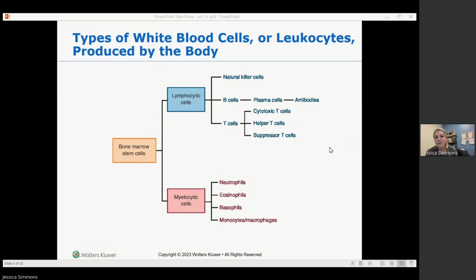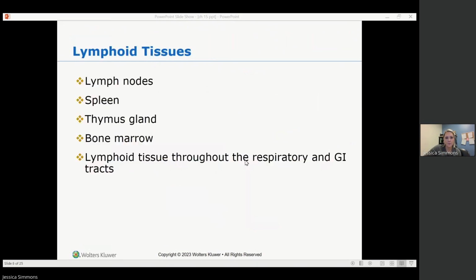Your B cells make antibodies. Your T cells have 3 components to them. Then you also have your natural killer cells. Lymphoid tissue includes the lymph nodes, spleen, thymus gland, bone marrow, and the lymphoid tissue throughout the respiratory and GI tracts.